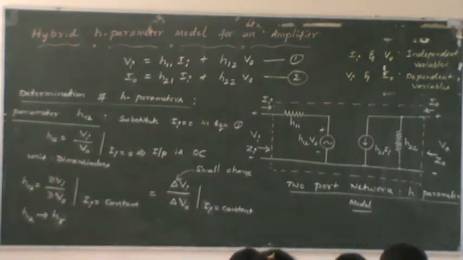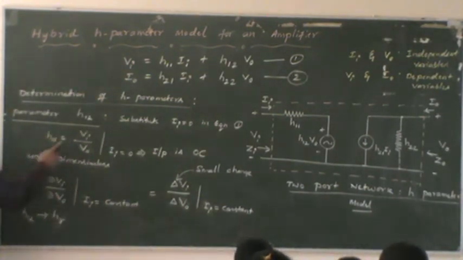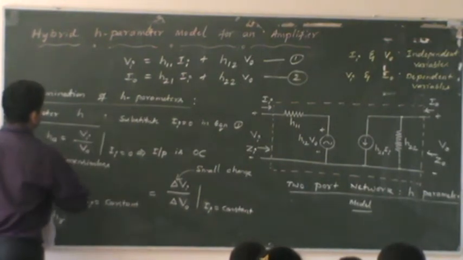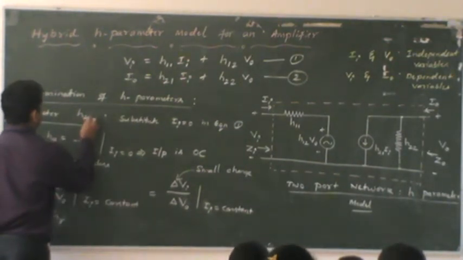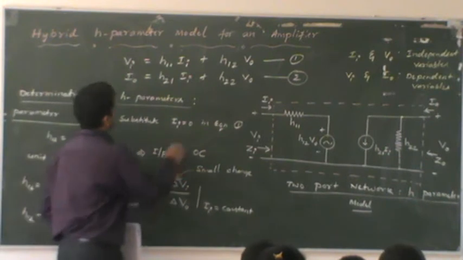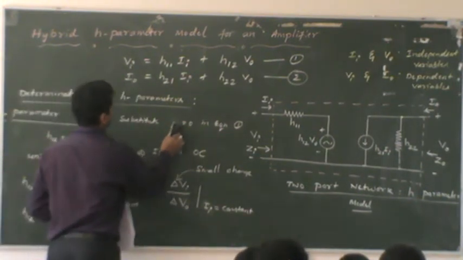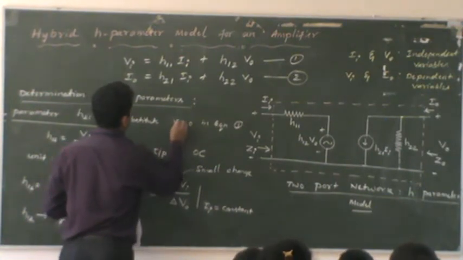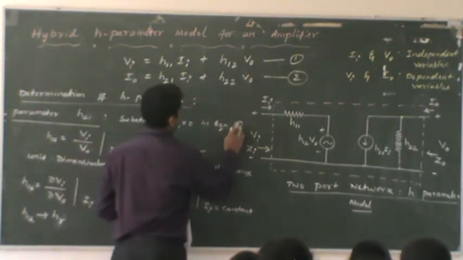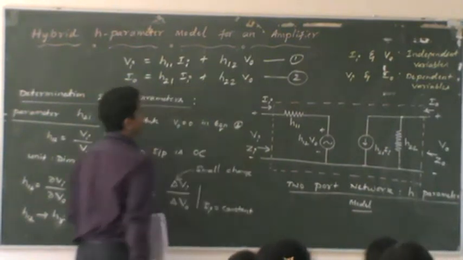Next, defining H21. How do you define H21? Again, you have to make Vo as 0, in equation number 2, not equation number 1 now.